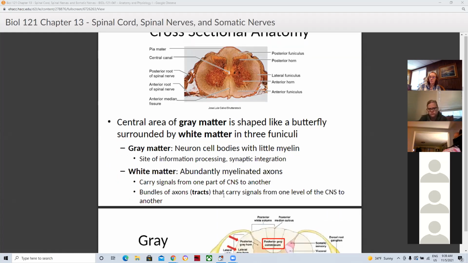The white matter is abundantly myelinated axons, carrying signals from one part of the central nervous system to another. So bundles of axons or tracts within the funiculi are going to carry signals from one level of the central nervous system to another.